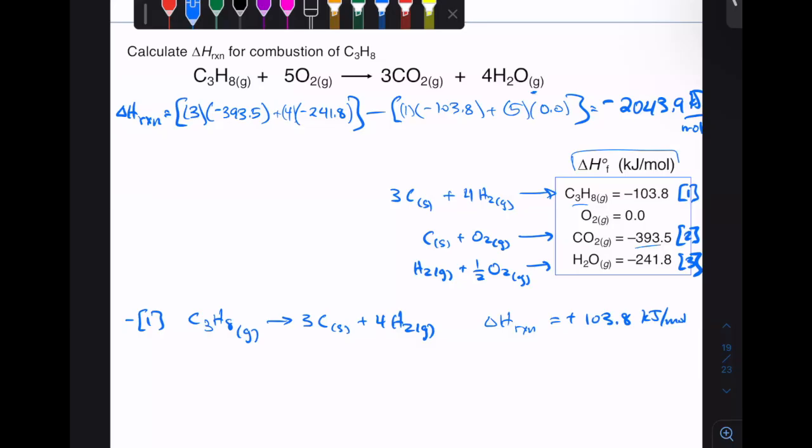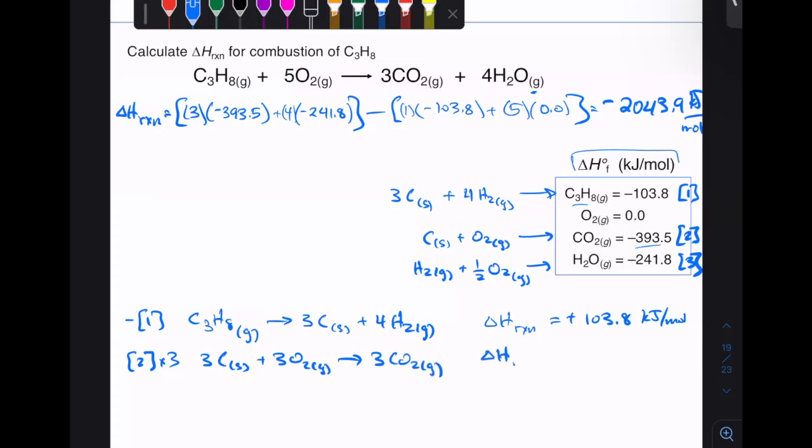Let's take reaction 2. We need 3 moles of carbon dioxide as a product. This is for 1 mole of carbon dioxide as a product. So I'm going to take reaction 2 and multiply it by 3. That gives me 3 moles of carbon solid plus 3 moles of oxygen gas will make 3 moles of CO2 gas.